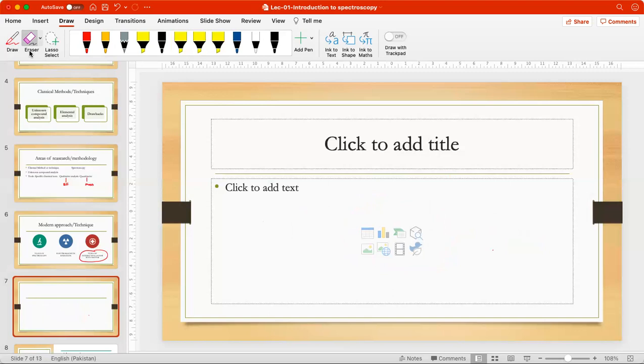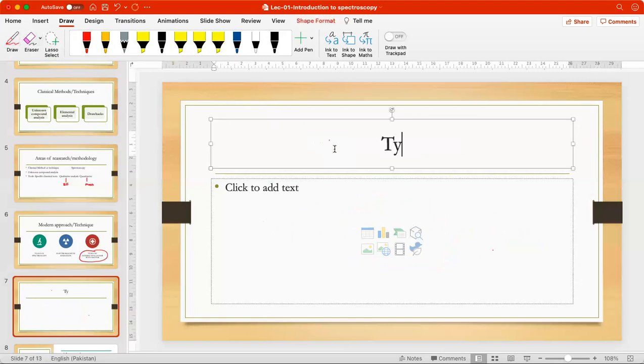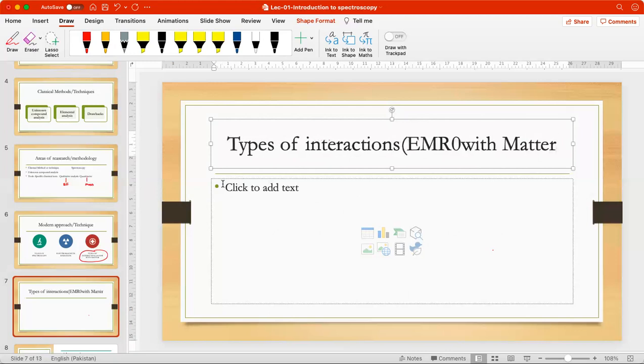Okay, now we come to the types of interactions, of electromagnetic radiation with matter.